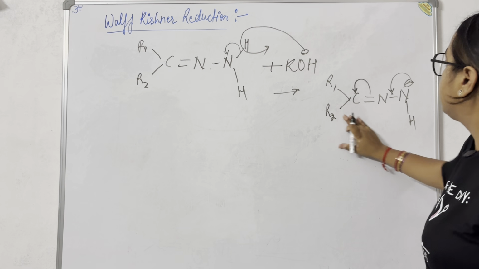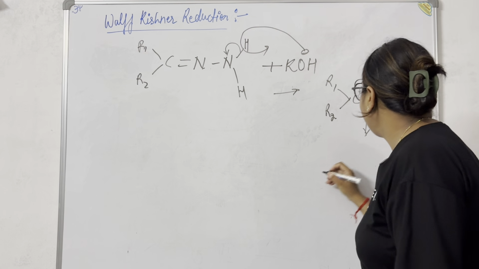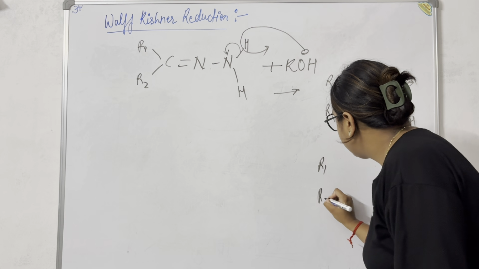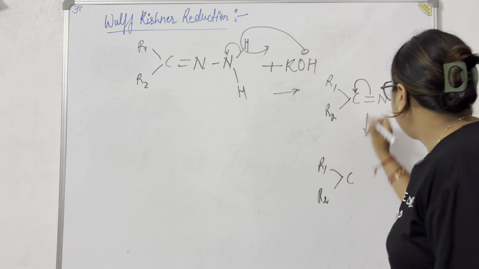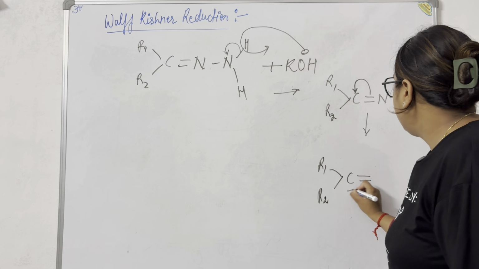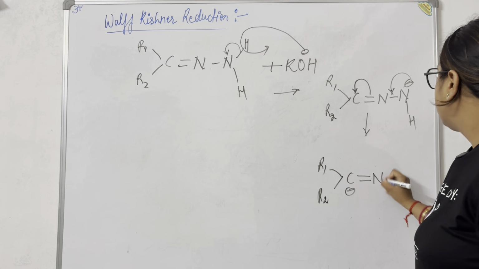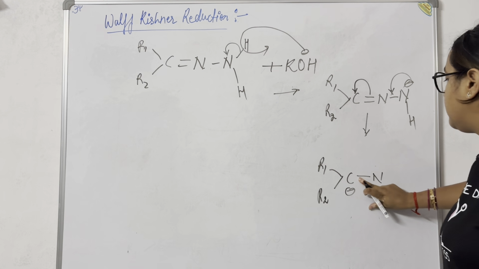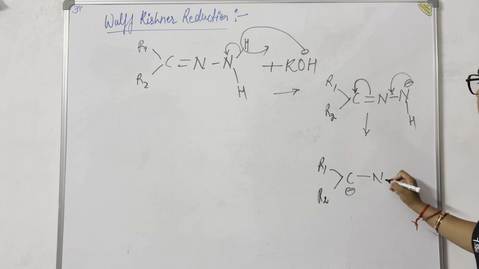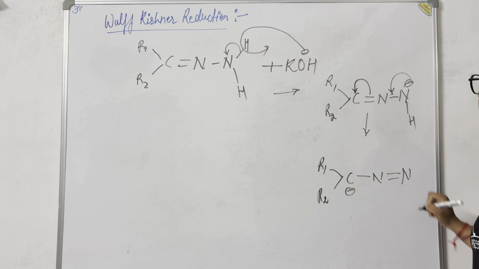Let's draw it neatly. This C double bond gets a negative charge, this nitrogen, sorry, single bond getting negative charge, this nitrogen with double bond, NH. So this is the formation.